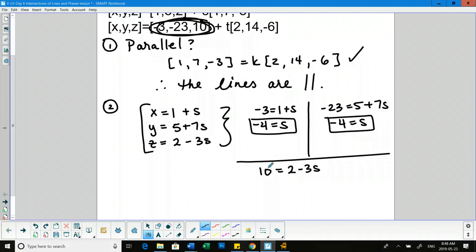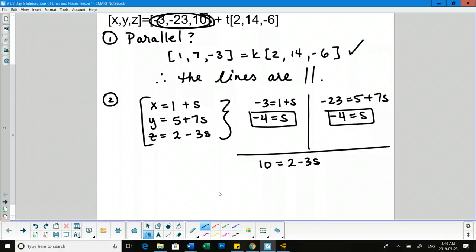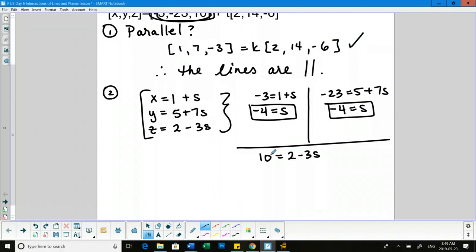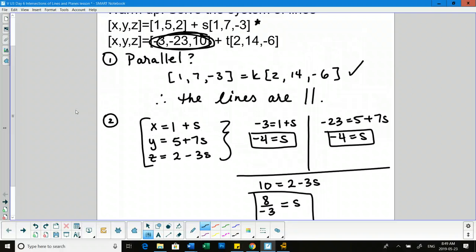And this one is 10 minus 2 divided by 3. Okay, so I think we actually get 8 over negative 3 here. So you got a true statement when you used elimination? Usually we get an untrue statement. I got 2 equals 2. Did I plug something in wrong?